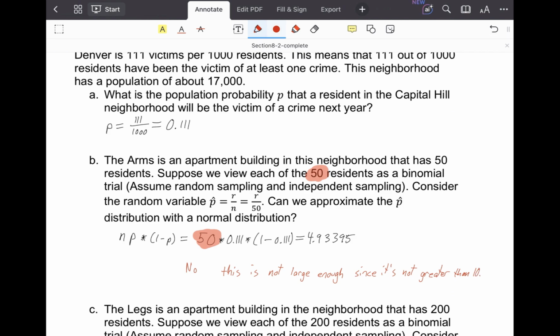In this case, just to put another note, you have to use the binomial distribution.